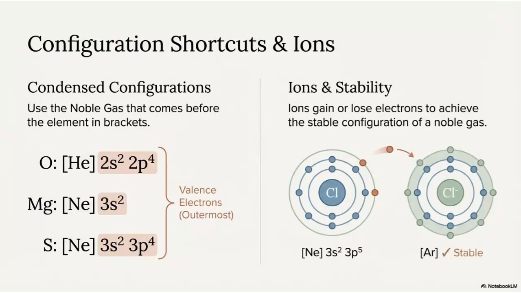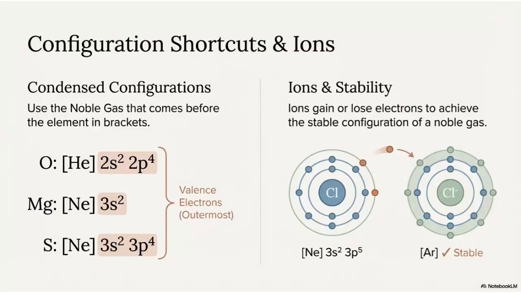So if we have oxygen, it was 1s2, 2s2, 2p4. We are going to use a noble gas before oxygen, which is helium. Helium has 2 electrons, which are those 2.